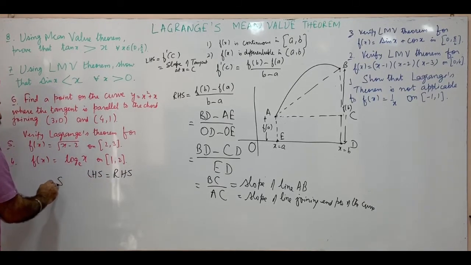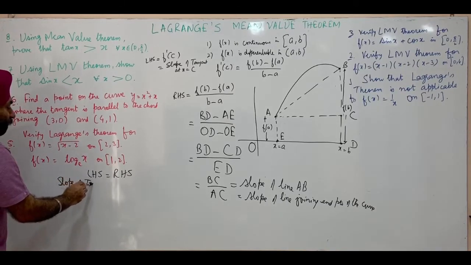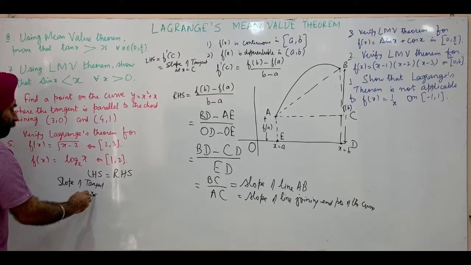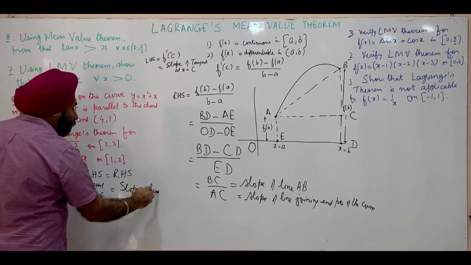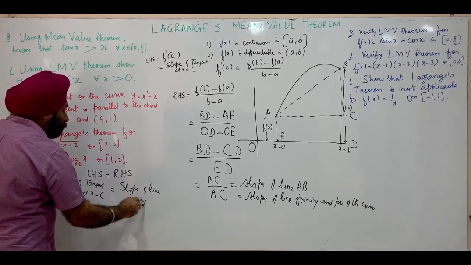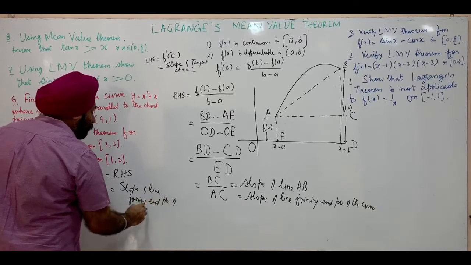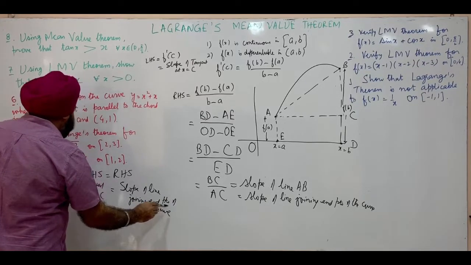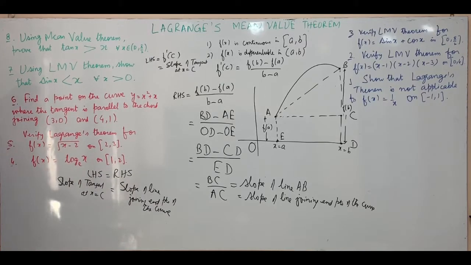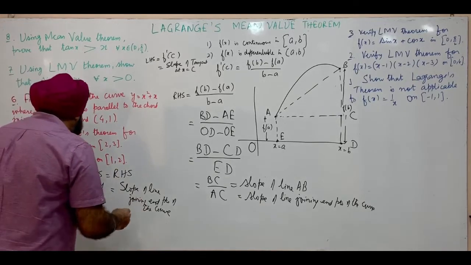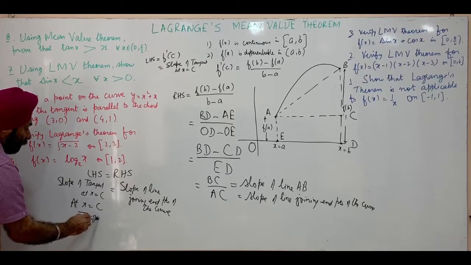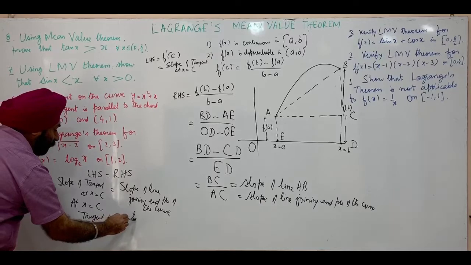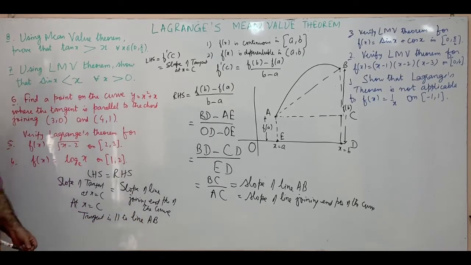This means the slope of the tangent at x is equal to c is equal to the slope of the line joining endpoints of the curve. So left hand side is a slope, right hand side is a slope, slopes of two different lines. Slopes are equal means these lines are parallel. So we can say that at x is equal to c, the tangent is parallel to line AB, the line joining endpoints of the curve.